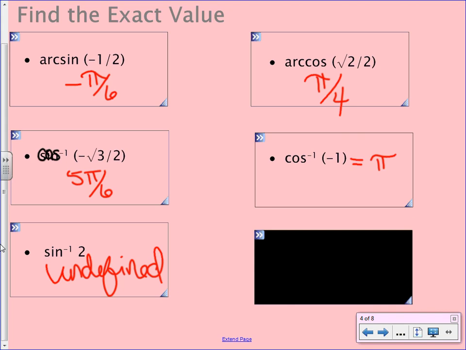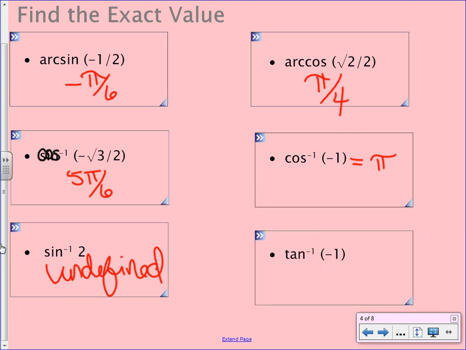Would you like to solve a puzzle? Inverse tangent of negative 1. Which quadrant are we going to go to? Fourth quadrant, right? Between negative pi over 2 and pi over 2, so we're going to go to the fourth quadrant.